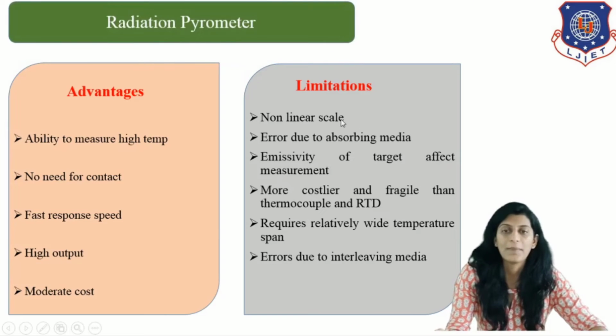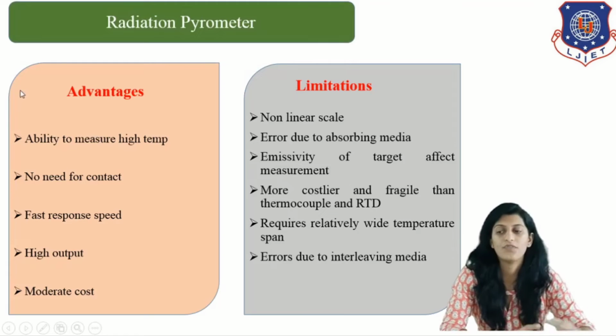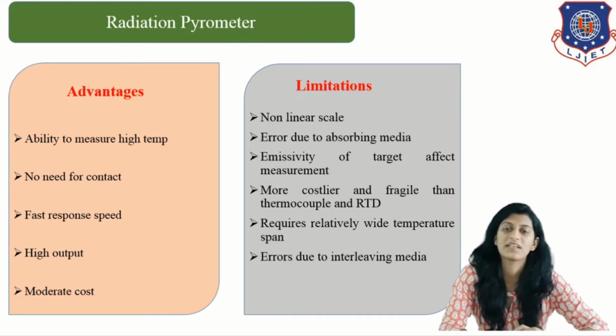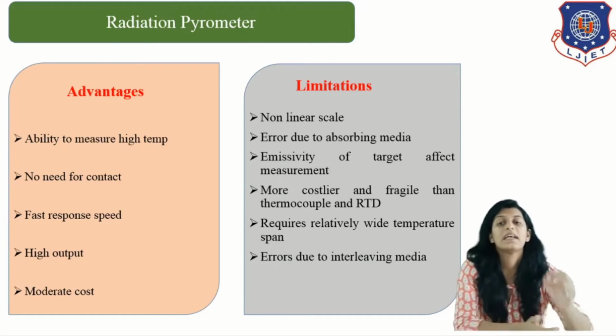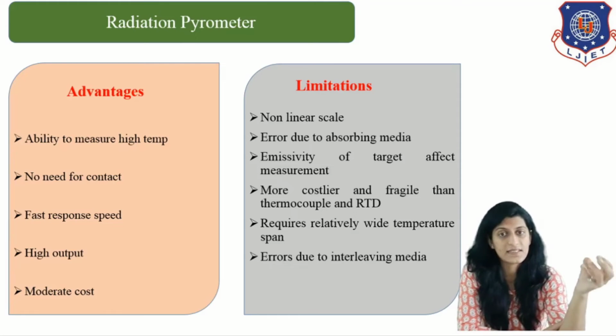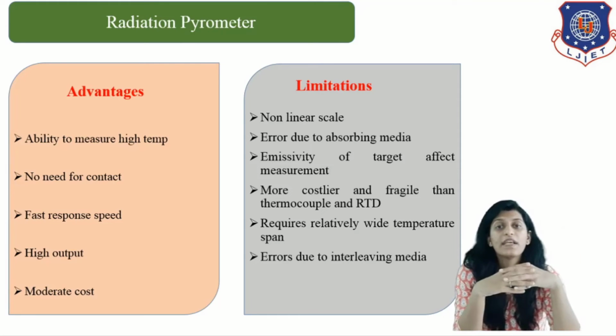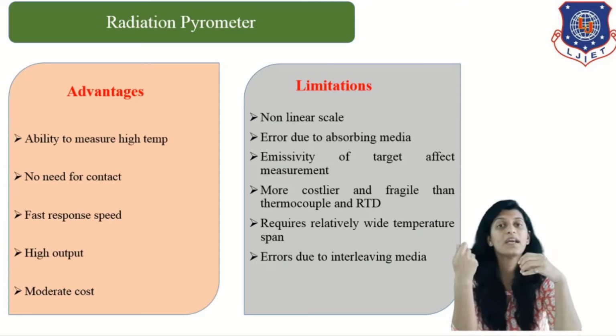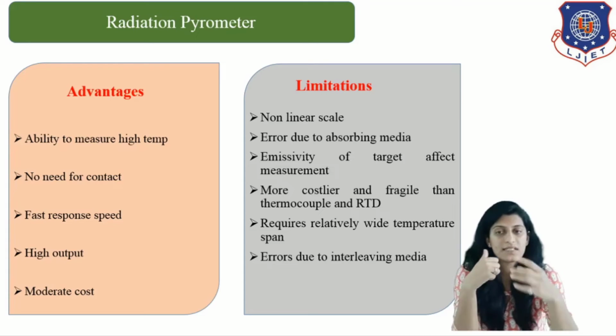Now, coming to the advantages and disadvantages or limitations of the radiation pyrometer. The biggest advantage of using a radiation pyrometer is its ability to measure high temperature. As I already discussed, it can be used for a wide range of temperature scale, right? You can simply use it from a remote distance.